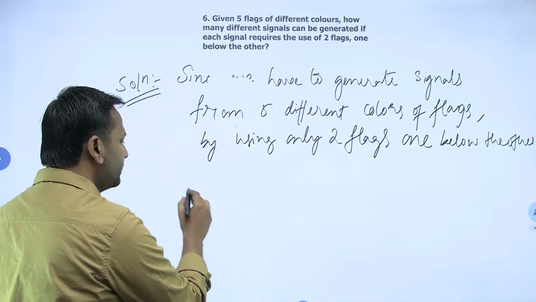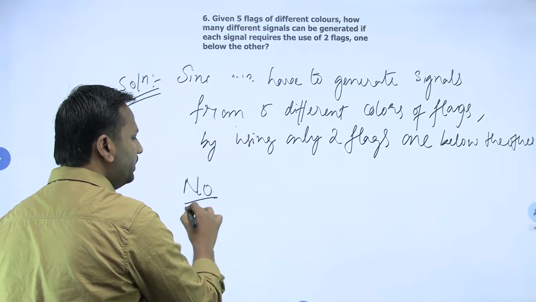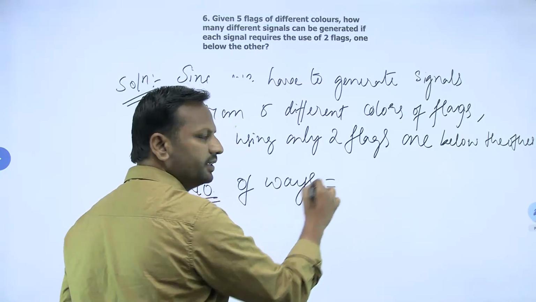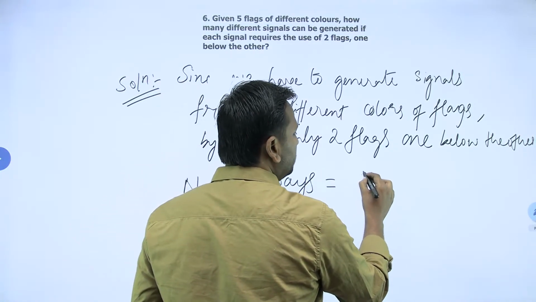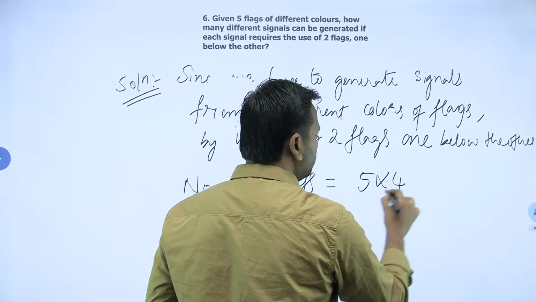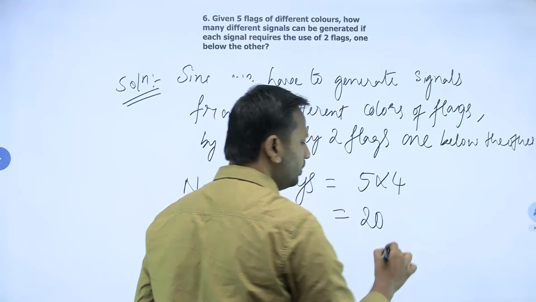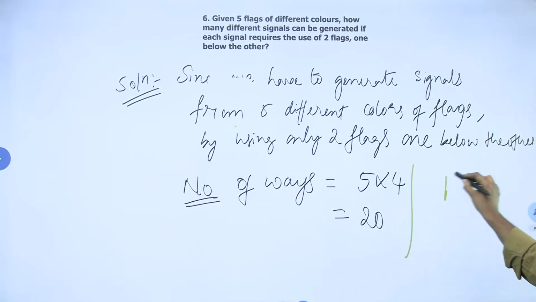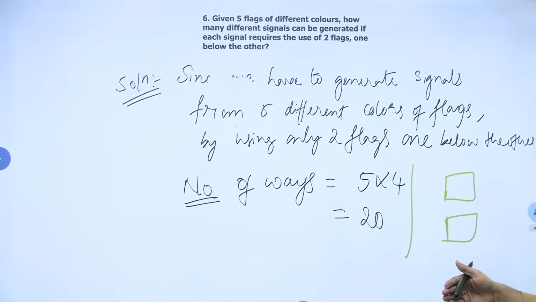So in how many ways can this be done? The number of ways of generating the signals is equal to 5 into 4, that is 20. In 20 ways you can generate the signals. In the rough work also you can do it like this, students. Here, one below the other, we have to generate the signals by taking two flags.